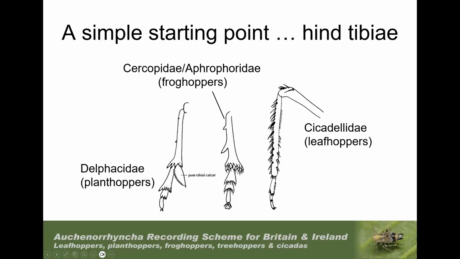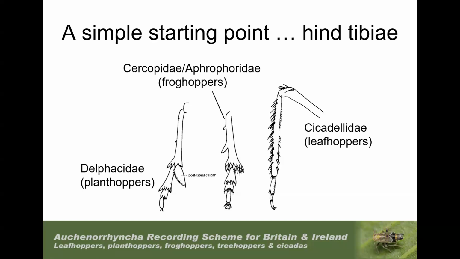But then between the end of the tibia and the first tarsal segment, we've got what here is labeled as a post-tibial calcar. Most people refer to it as just a spur. It's essentially a movable thumb, if you like, that the insect uses to brace itself as it walks up the plant stem.